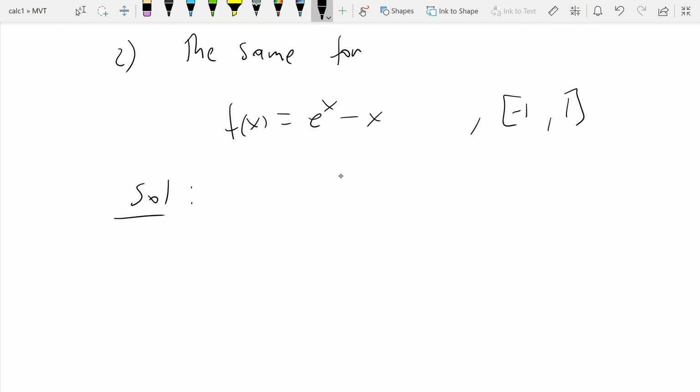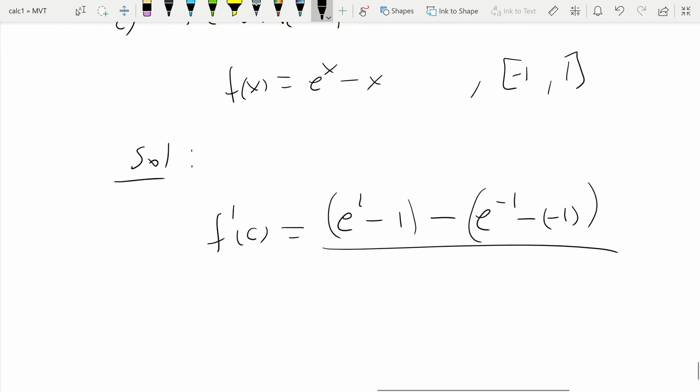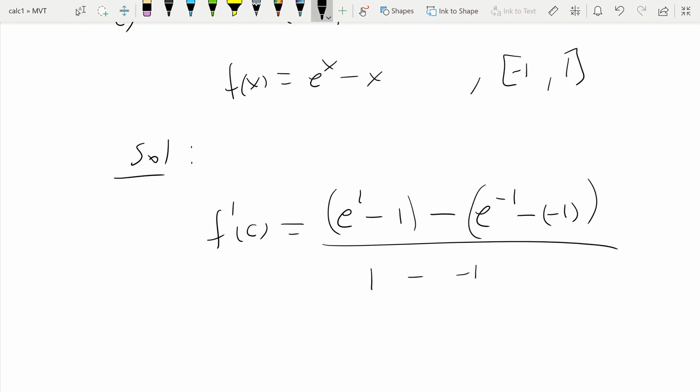Okay, so the solution here. We need to find c such that f prime of c is equal to e to the 1 minus 1, which is the value of f at 1, minus e to the minus 1 minus minus 1, all that divided by 1 minus minus 1.